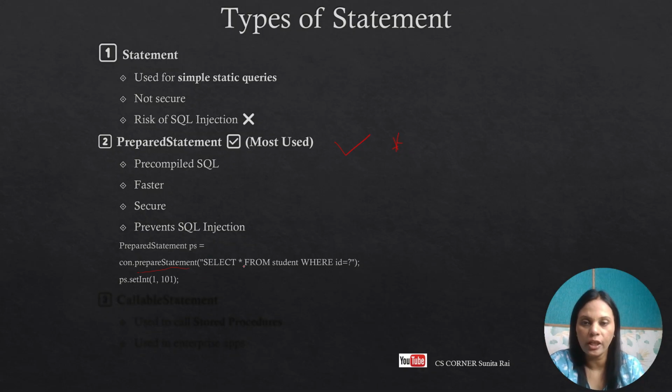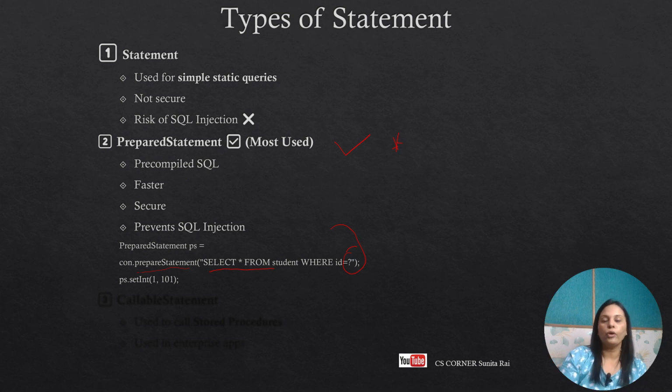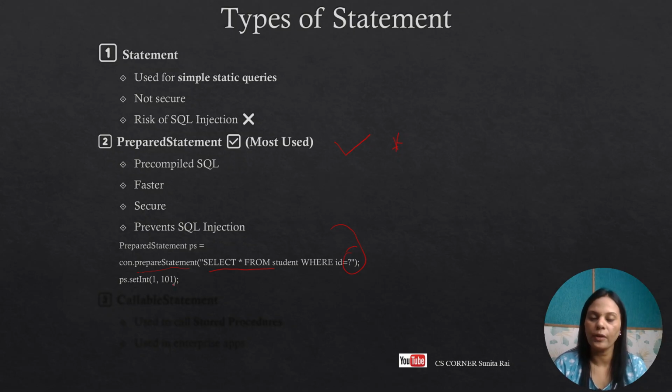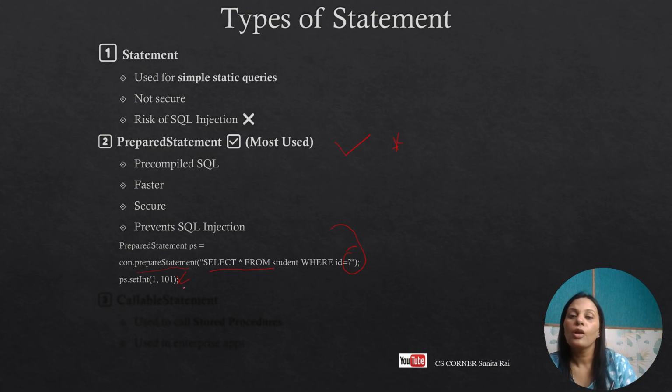You cannot instantiate it directly. So: select star from student where ID is equal to question mark. Here I am not passing the ID in my program. This ID can come at runtime through your text boxes or through user input. And then you change the value. Now here I have passed 101. You can replace this 101 with the value of text boxes or the user input. So this is called a dynamic query.